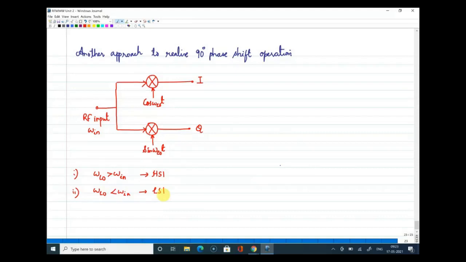Now we have two arms, an upper arm and a lower arm. On both the arms, let us see how the signal will appear at in phase and quadrature phase when you go for high side injection.